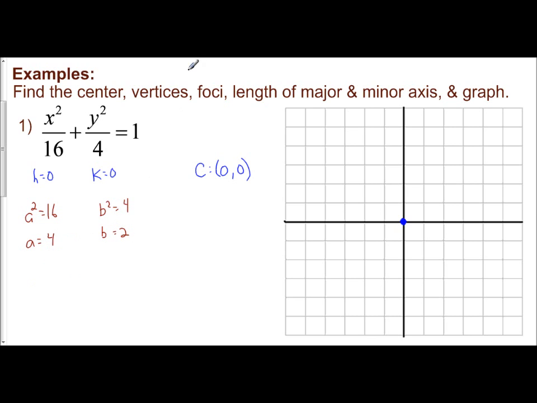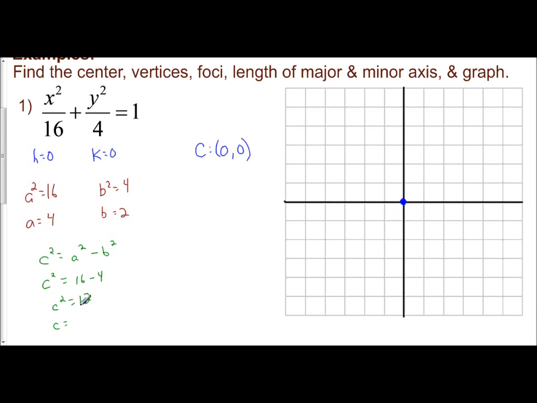Then I go right into finding my c value. And so remember, I told you it's always going to be c squared equals your larger minus your smaller. So my larger is a squared. The smaller is b squared. So c squared equals a squared minus b squared. c squared equals 16 minus 4, which means c squared is 12.